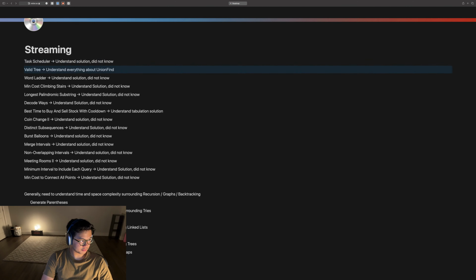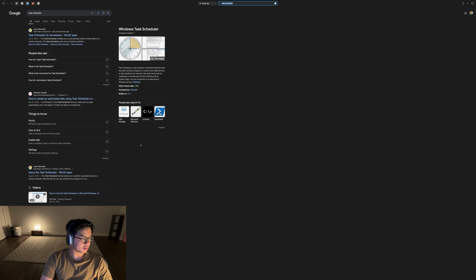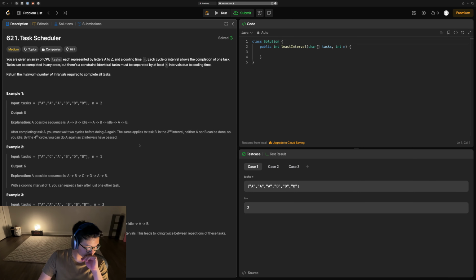Task scheduler. Let's see. Oh my gosh. Okay, I didn't know this. I know you need a priority queue, and you have to keep track of your idles.